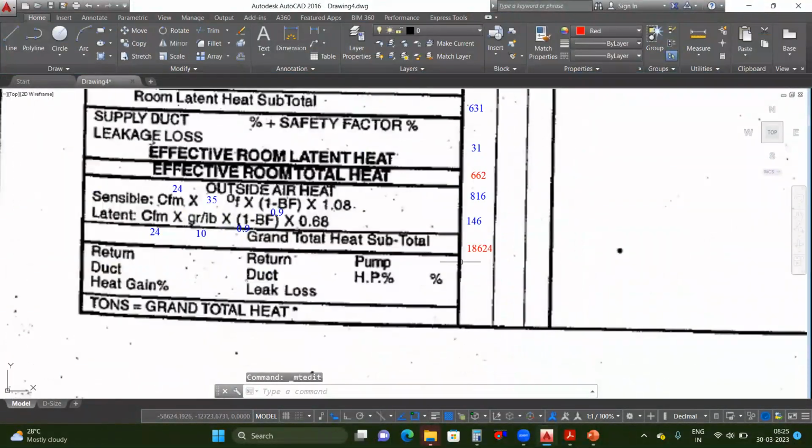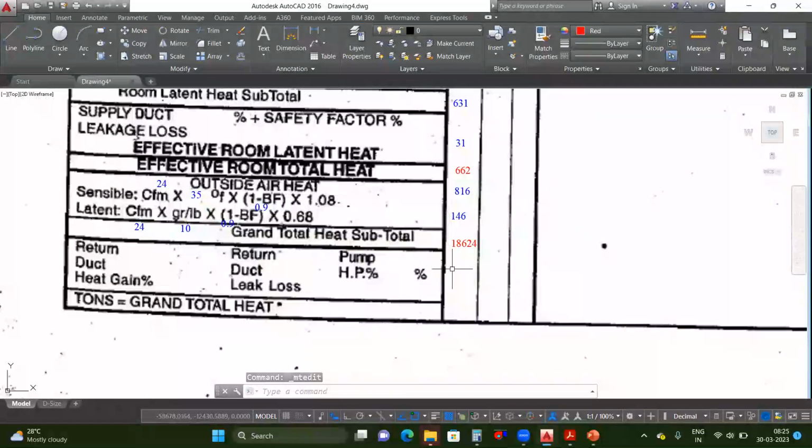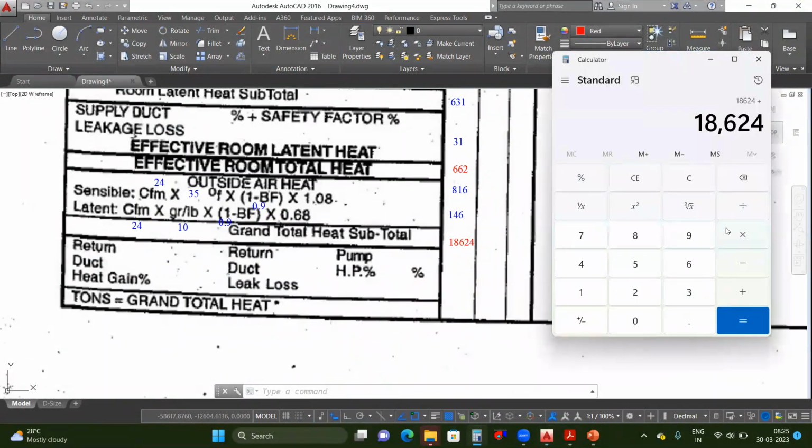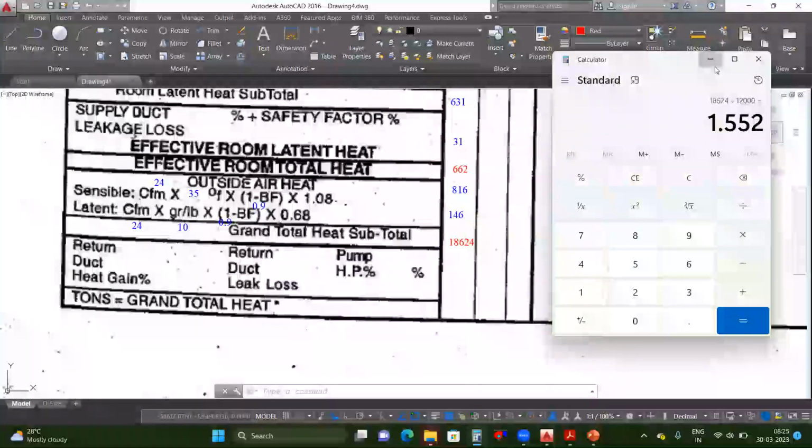Okay, so we got finally the total heat. To get the tonnage, we need to divide it by 12,000. 1 TR equals 12,000 BTU, so that's why I'm dividing it by 12,000. How much tonnage did we get here? That is 1.5 TR.